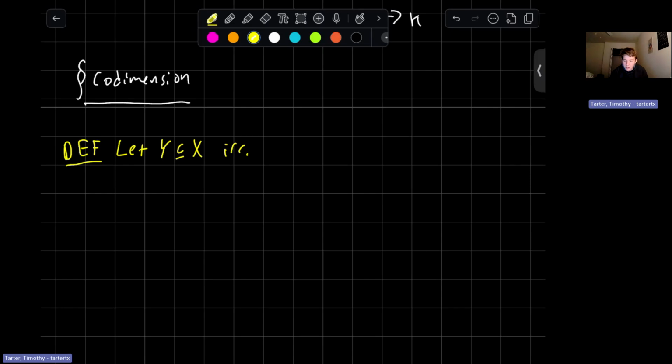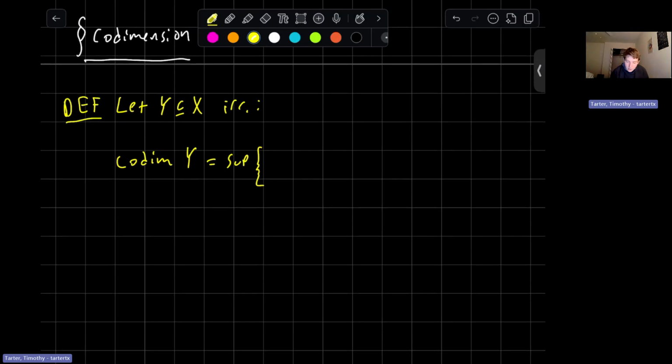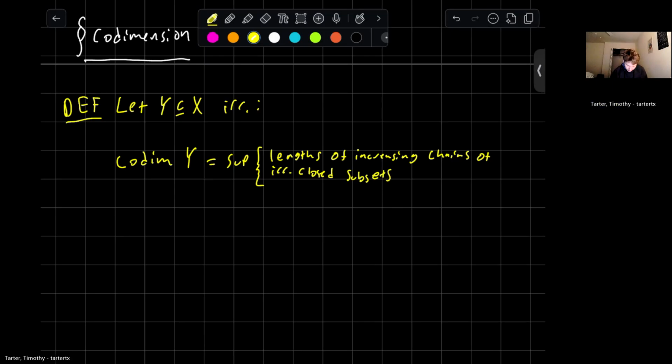Then the codimension, codim Y, is the sup of the lengths of increasing chains of irreducible closed subsets starting with Y closure.